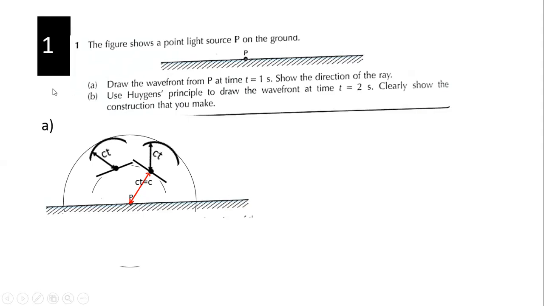There are a lot of points on this arc, or this figure wavefront. So you can draw that and then draw the tiny one and then draw the next wavefront. Okay, then show the ray. That's the ray.